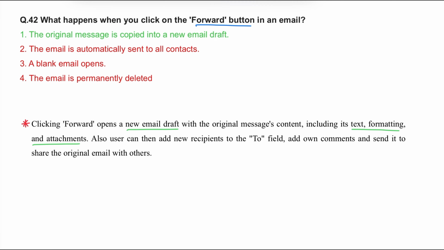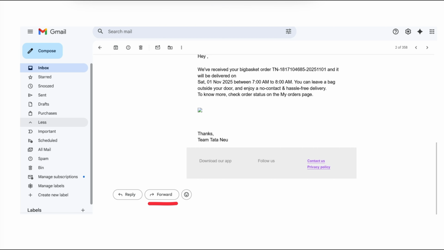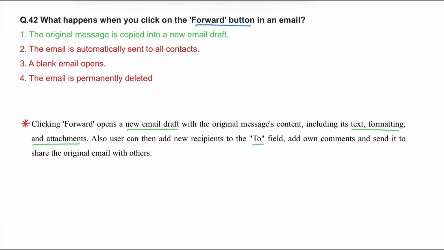Also, the user can add new recipients in the To field, add own comments, and send it to share the original email with users. This is clicking the forward button in email. Correct answer is the original message is copied to the new email draft.